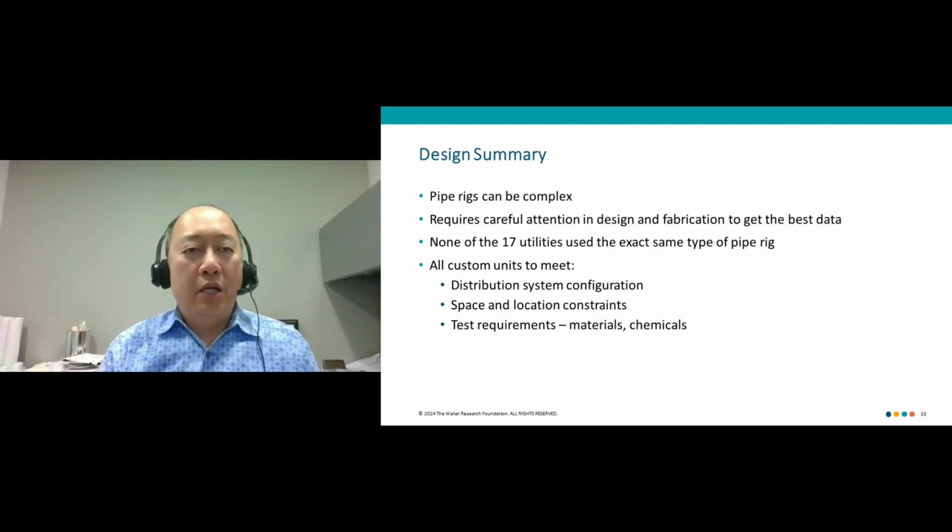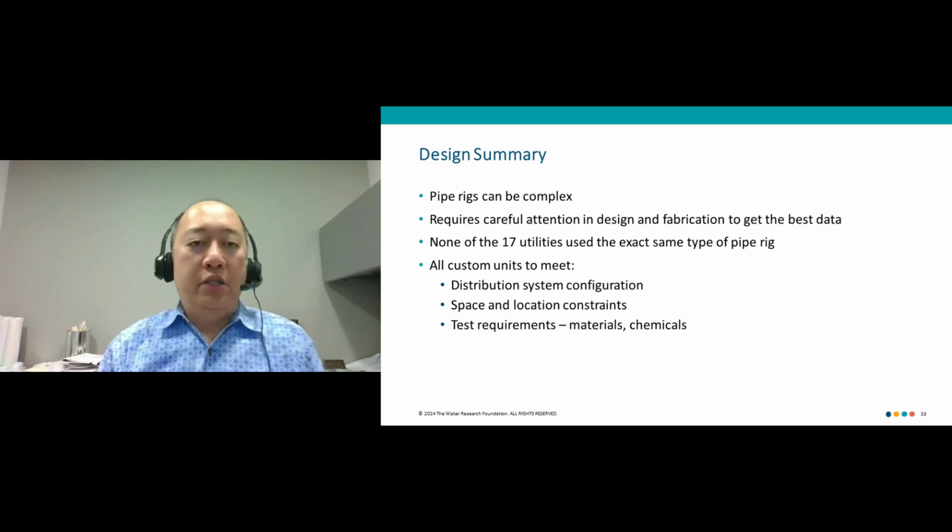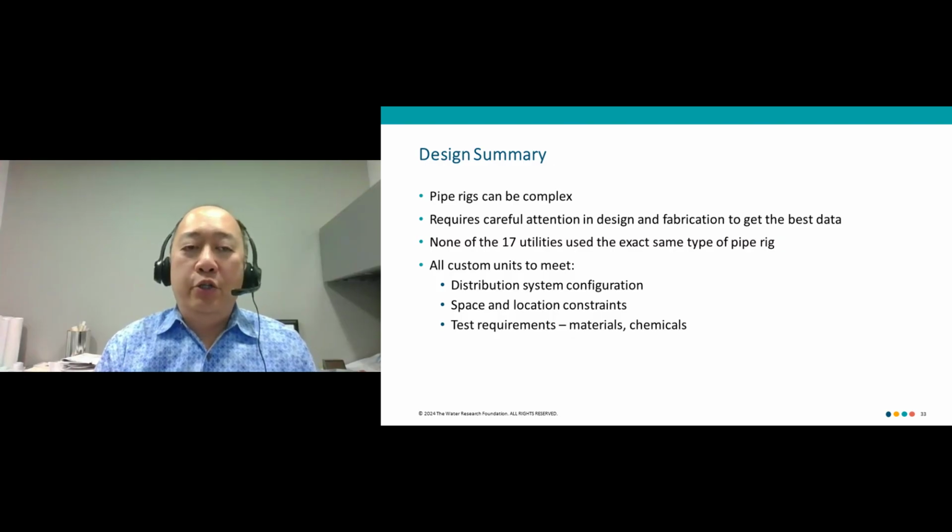So in summary, we found that of all the participants, pipe rigs can be quite complex, and a lot of thought needs to be put into the design and implementation of them before going to harvesting pipe or starting to use these things. Key issue was none of the 17 utilities use the exact same type of pipe rig.